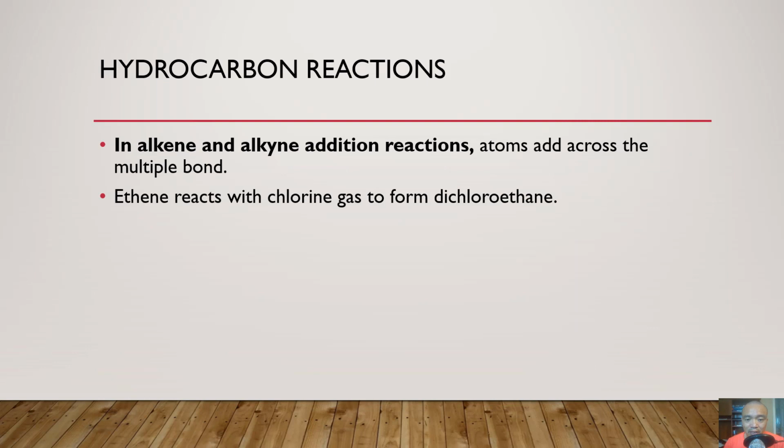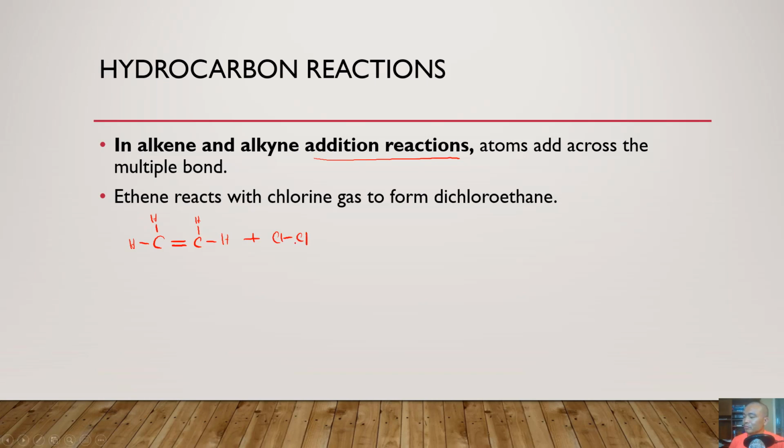For alkenes and alkynes, they can undergo the so-called addition reaction. For example, when you have a double bond in ethene, you can add a chlorine to it.